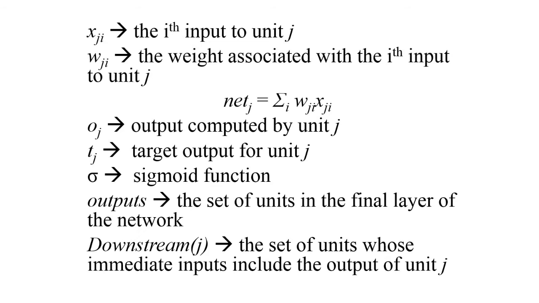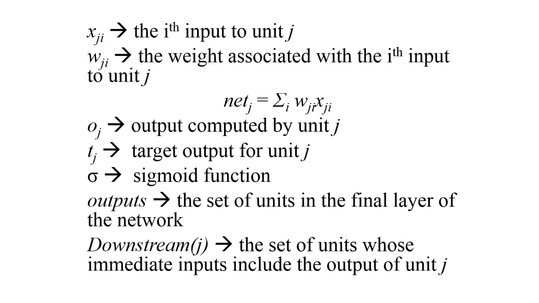Those are x_ji is equal to the ith input to unit j. w_ji means the weight associated with ith input to unit j.